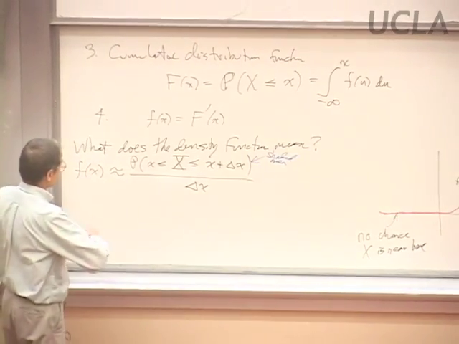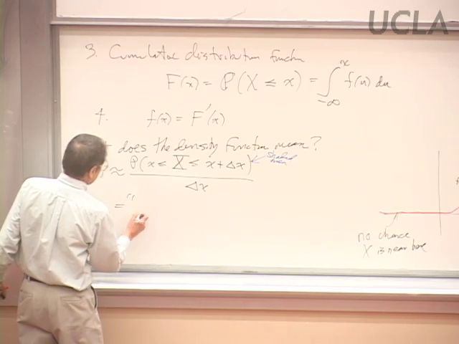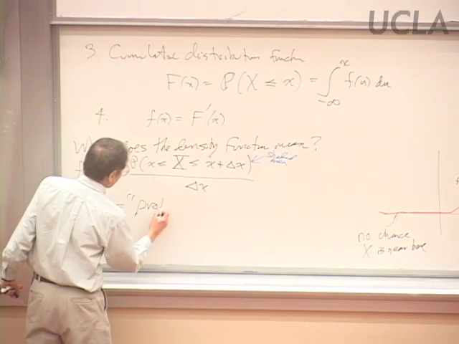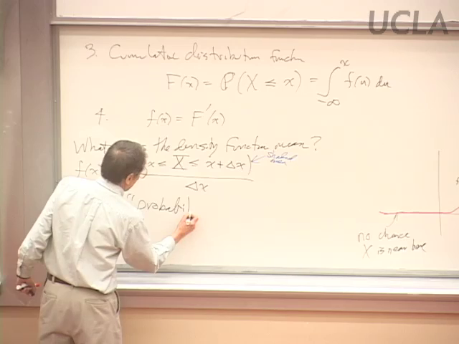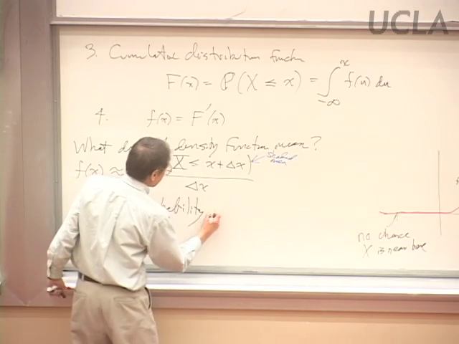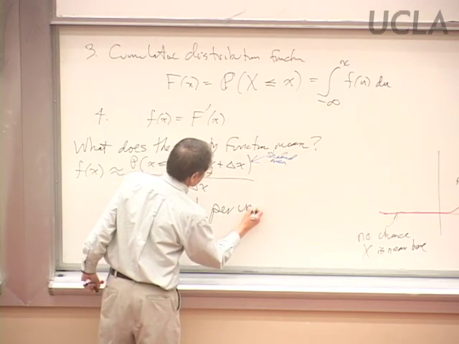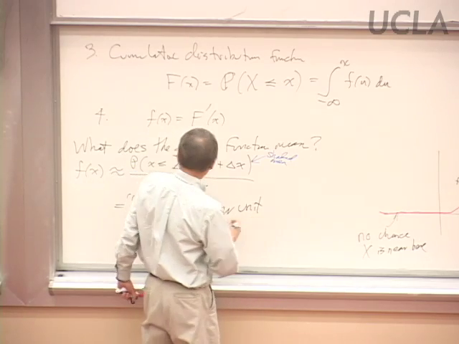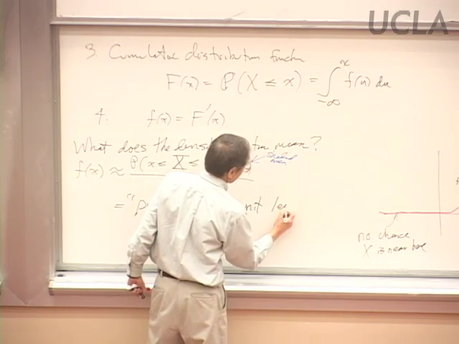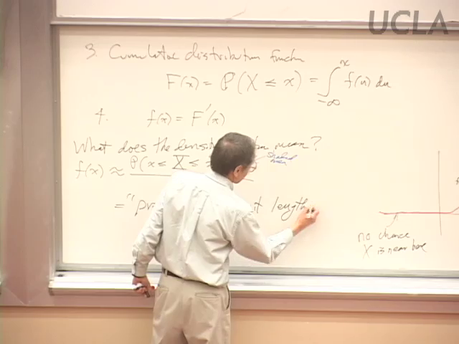So we can think of it as probability per unit length, not area.